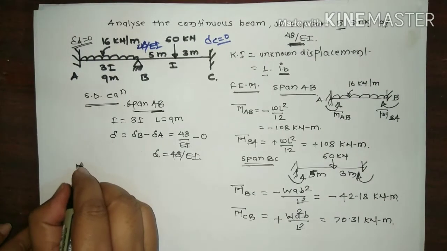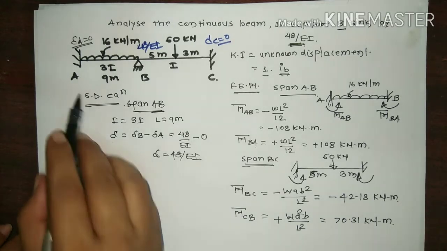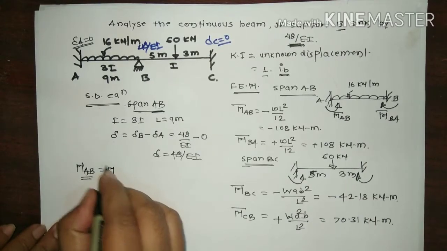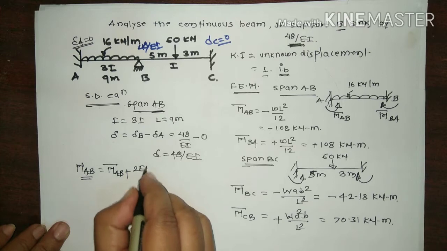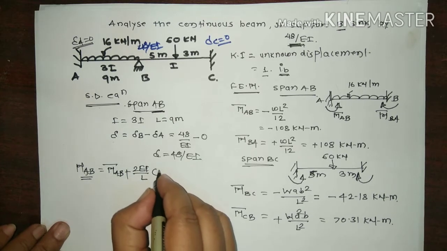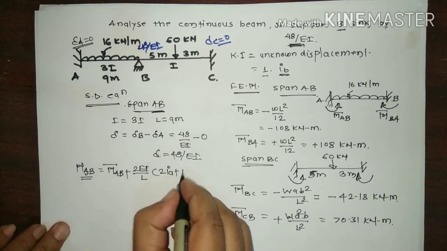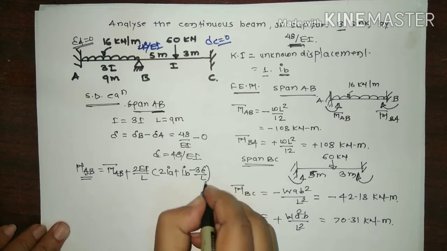Now M AB. We are writing the slope deflection equation for the span AB. So start with AB: write M bar AB plus 2EI by L into, first letter is A, so write theta A plus theta B minus, this is our routine procedure.